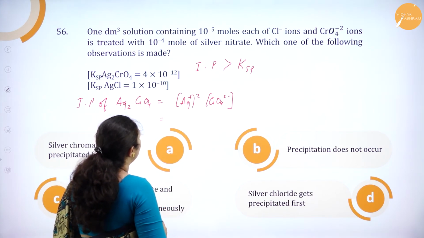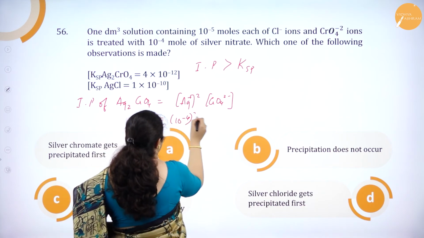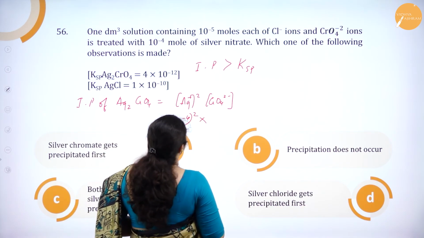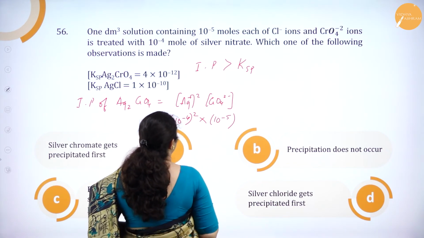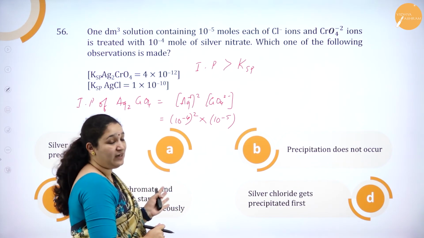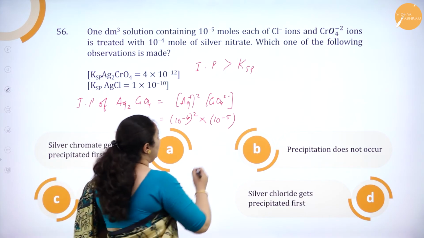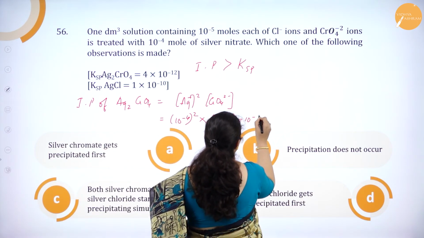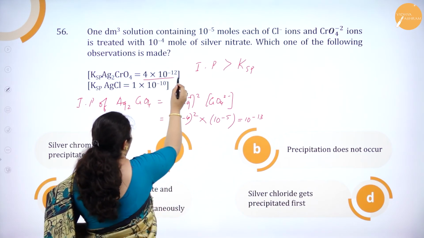So Ag plus ion is 10 to the power minus 4 squared into CrO4 2 minus is 10 to the power minus 5. So here we get 10 to the power minus 8 into 10 to the power minus 5, it is equal to 10 to the power minus 13. Now what is the solubility product? 4 into 10 to the power minus 12.